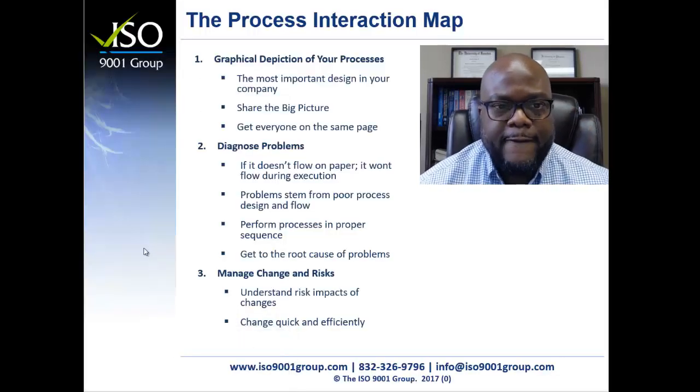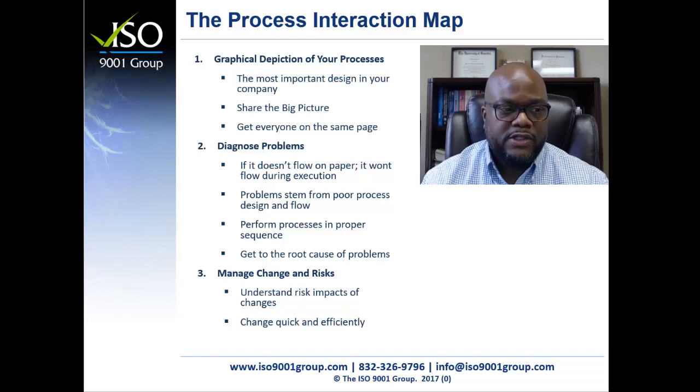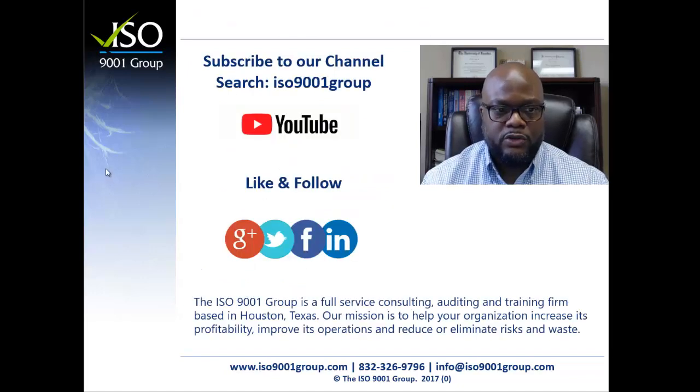So hopefully you found this tip beneficial on the process interaction map and how you can use it within your organization to get everybody on the same page, to ensure that your processes are designed so that they are efficient, they are effective, and that everybody understands them, right?